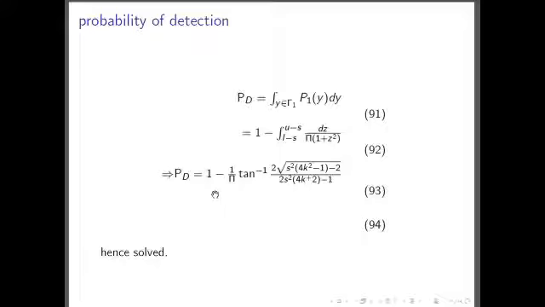On solving and applying the limits, we have probability of detection is equal to 1 minus 1 by pi tan inverse of 2 root of s square into 4k square minus 1 minus 2 divided by 2s square into 4k plus 2 minus 1. Hence, the problem is solved.